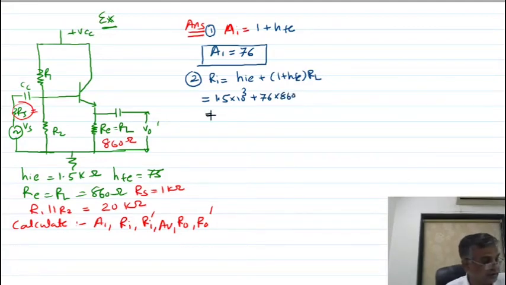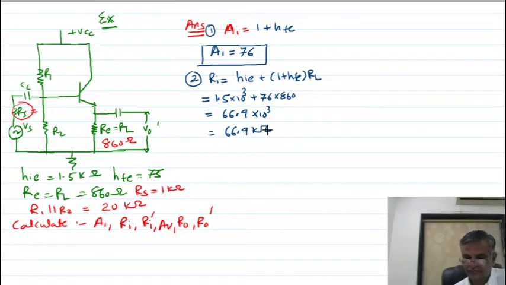If you calculate this value, it is nothing but 66.9 into 10 raised to 3, so 66.9 kilo ohm. So this is your AI, and RI is this.